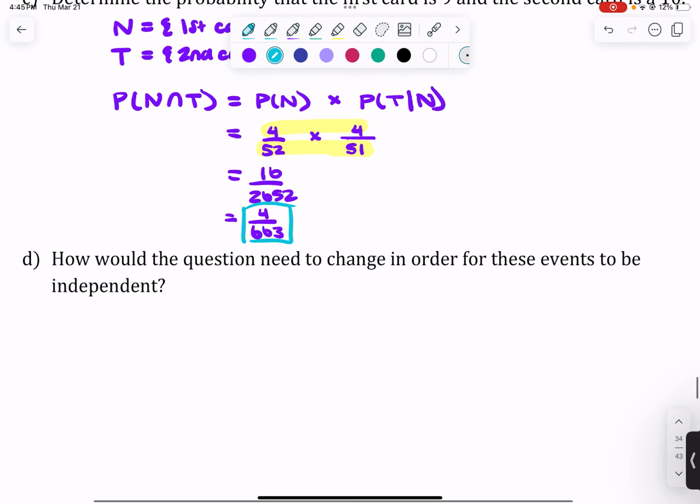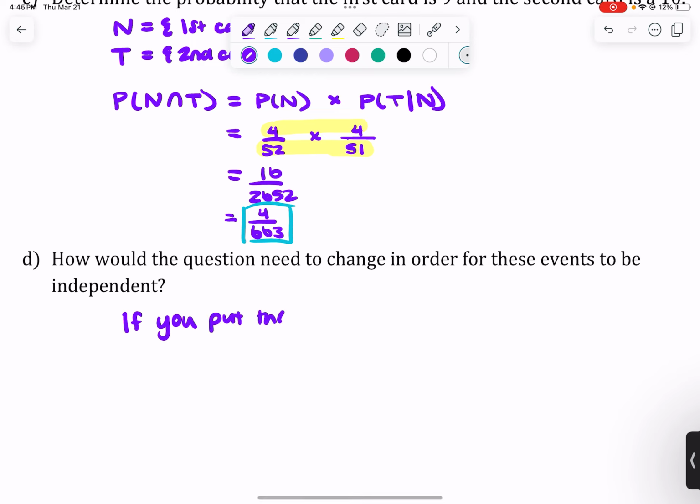Now, how would I have to change this question in order for these events to be independent? Well, we pointed out the reason that they were dependent is because we did not put that first card back after we pulled it. So, if you put the card back after you draw the first one and before you draw the second, these will be independent events. So let's write that.